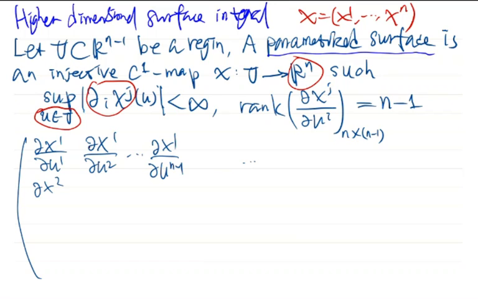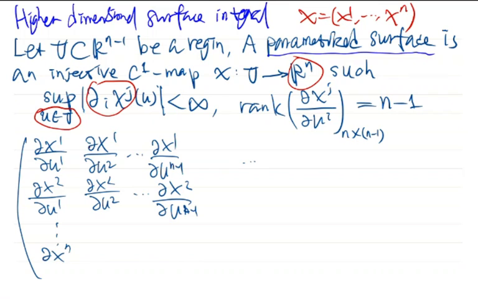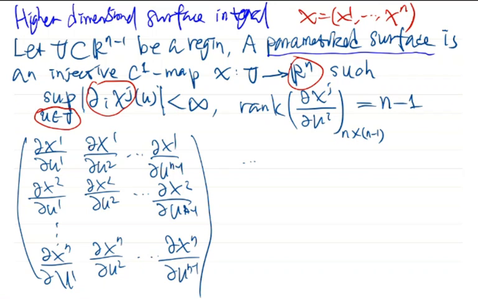Then ∂x2/∂u1, ∂x2/∂u2, up to ∂x2/∂u(n-1). Finally ∂xn/∂u1, ∂xn/∂u2, up to ∂xn/∂u(n-1). So this matrix is x prime u.